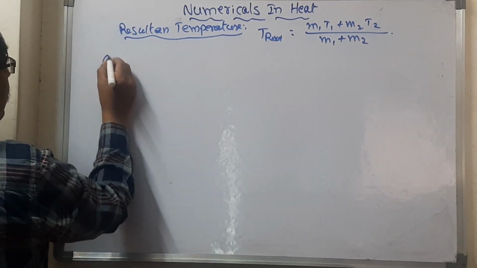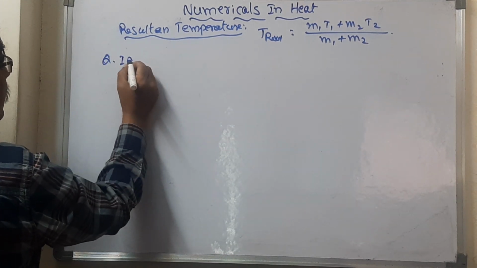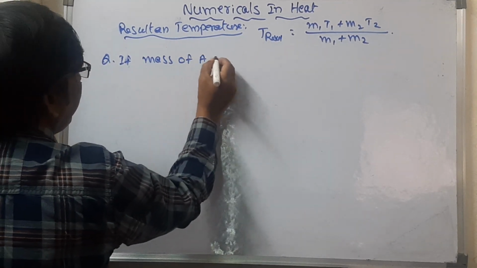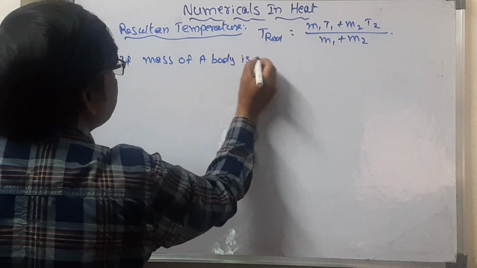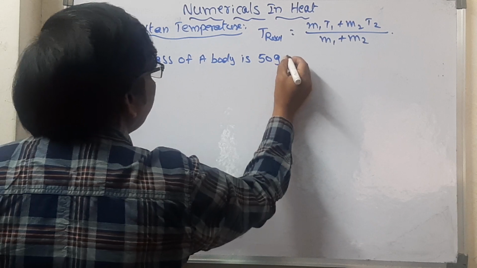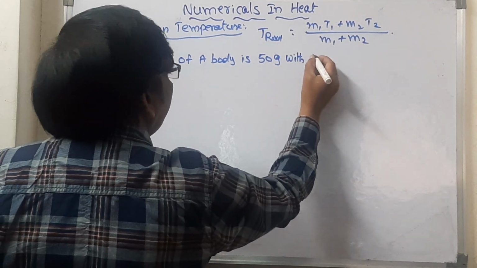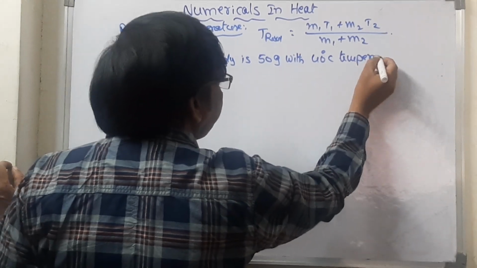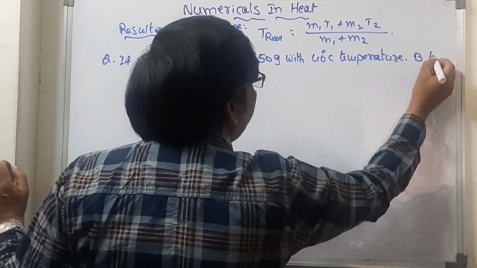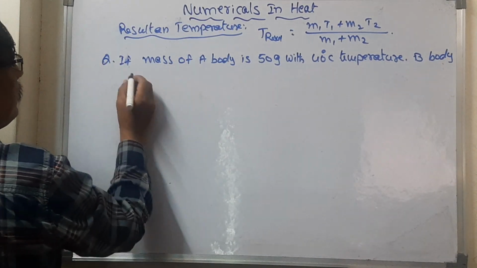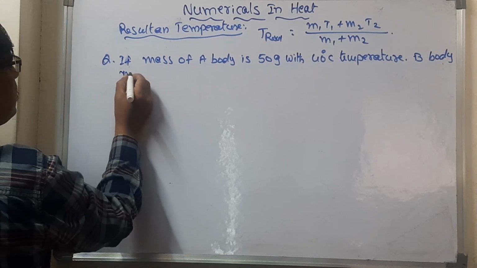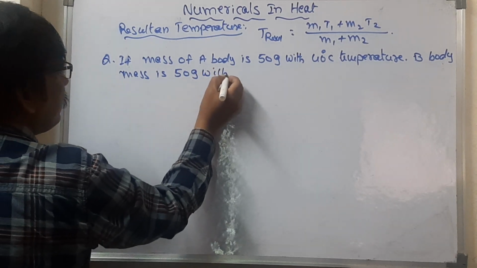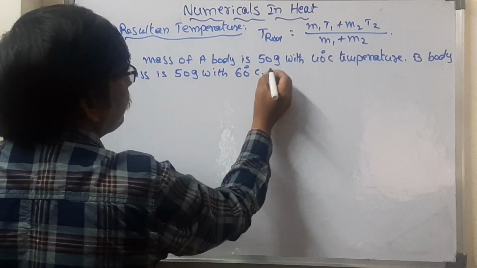Now let us write the question. If the mass of A body is 50 grams with 40 degrees Celsius temperature, B body mass is again 50 grams with 60 degrees Celsius.